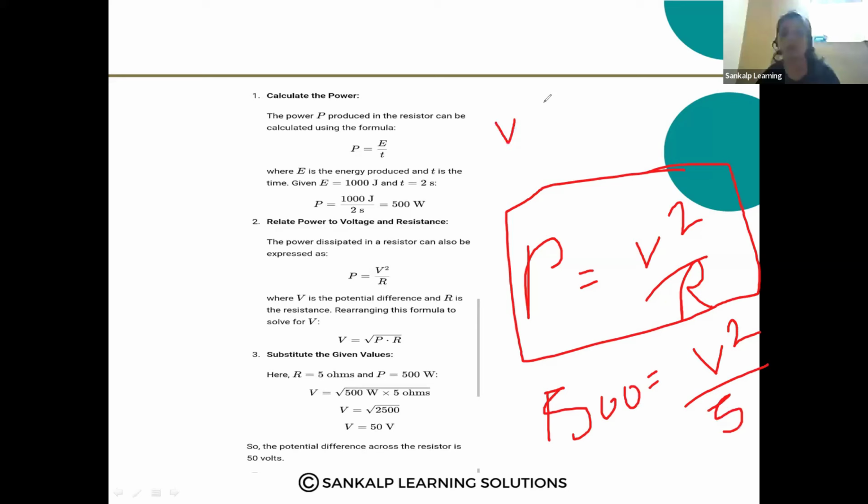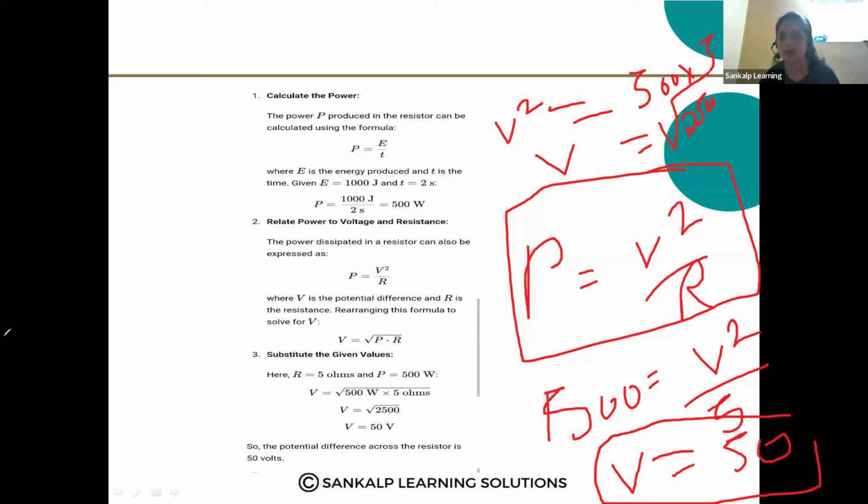V square is equal to 500 into 5. That is, V is equal to square root of 2500. What is the value of square root of 2500? That is 50. Then what is the potential difference? That is 50 volt. So like this you have to find out the answer.